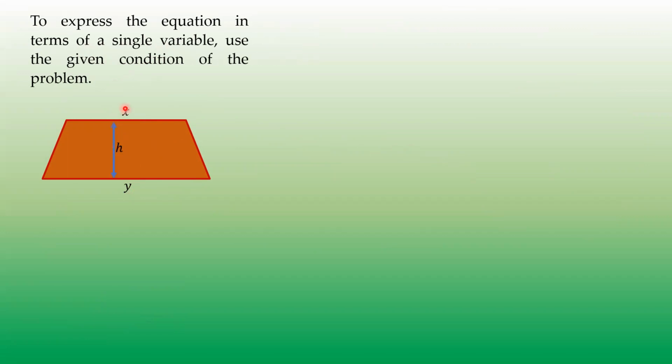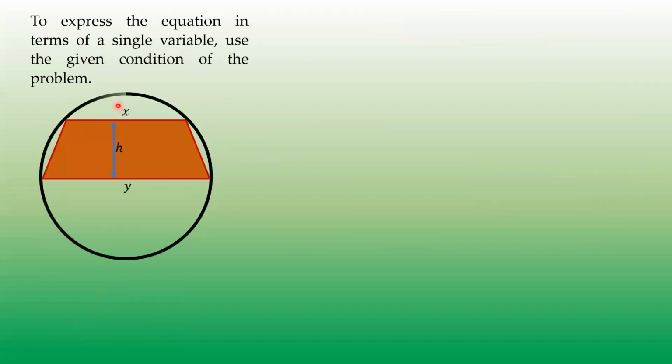Okay. And siya ay inscribed in a circle. At ang sabi kanina sa problem, yung lower base, yun din ang diameter ng circle. So ano ba ang diameter ng circle? Ang diameter ay equal, di ba, sa twice ng radius.